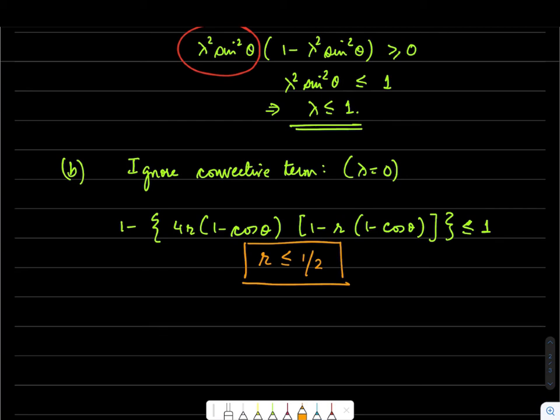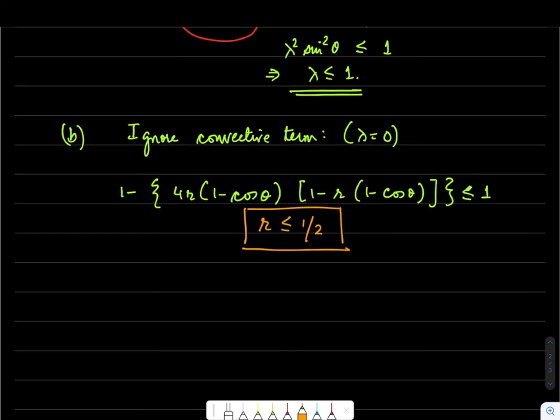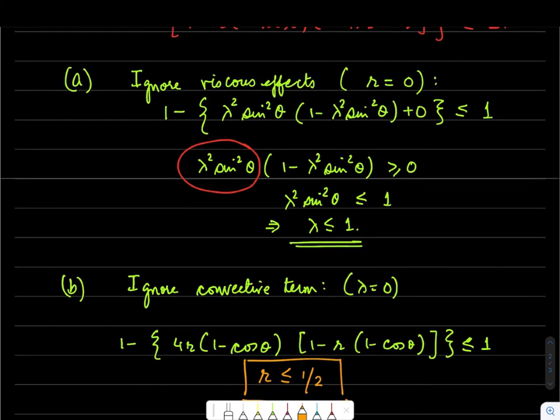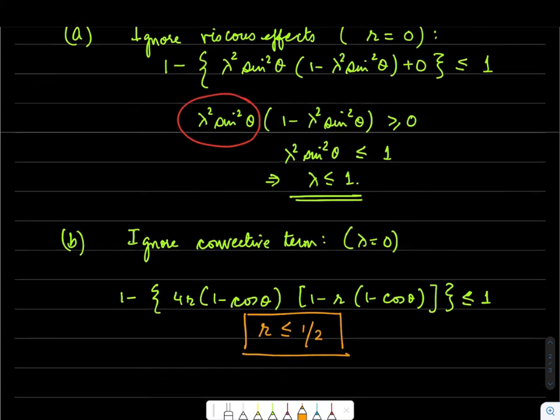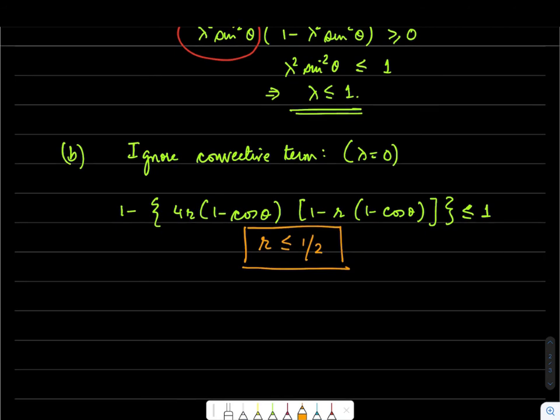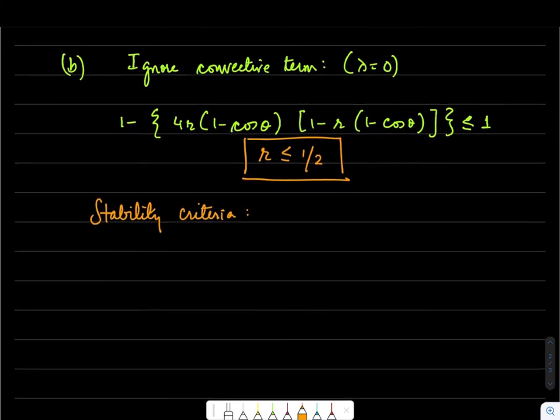So clearly this scheme follows the same criteria that we have been deriving throughout, but in deriving these two conditions, we have ignored the other transport mechanism. What we can do is say that the stability criteria for the scheme is one which gives us the minimum delta t corresponding to the two alternatives.